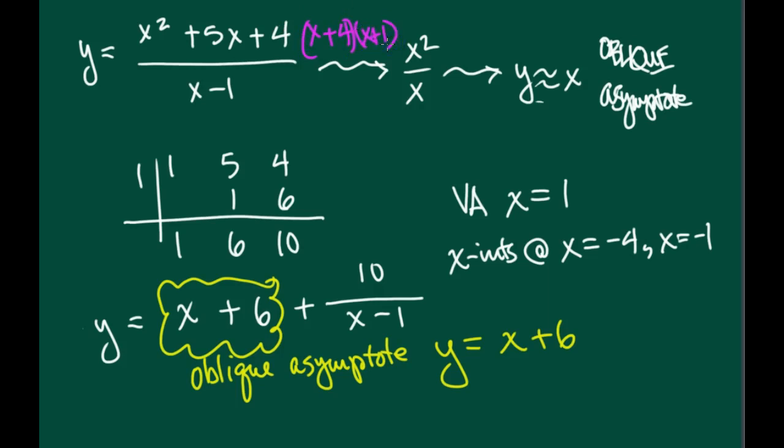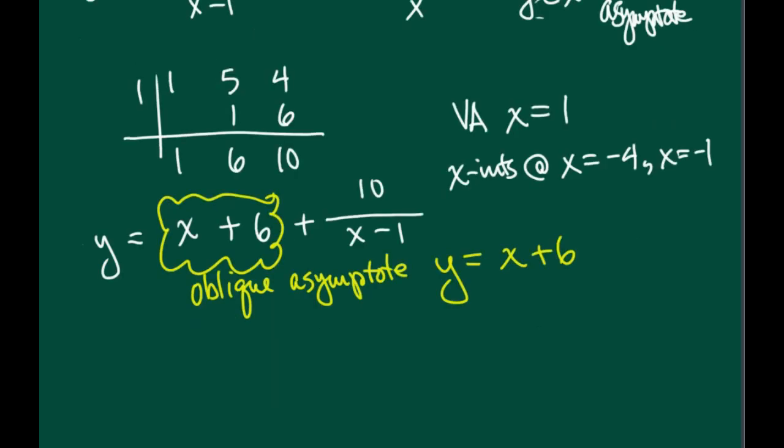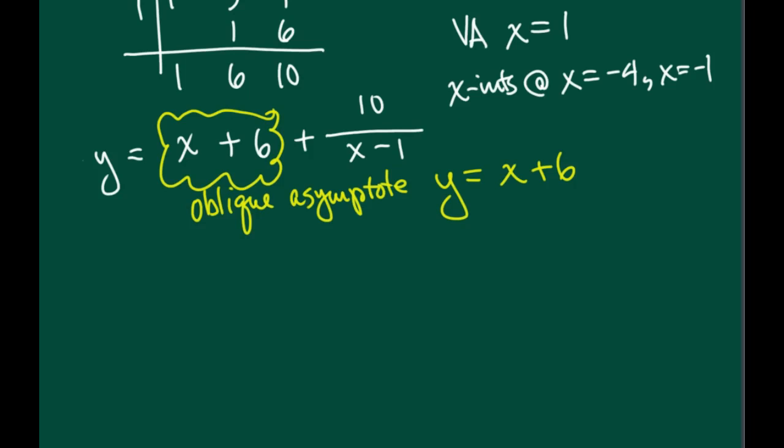Let's take all of these facts and put them in a graph and see how that looks. I need an oblique asymptote at y equals x plus 6. So this is a line with slope equal to 1 and a y-intercept at (0, 6).